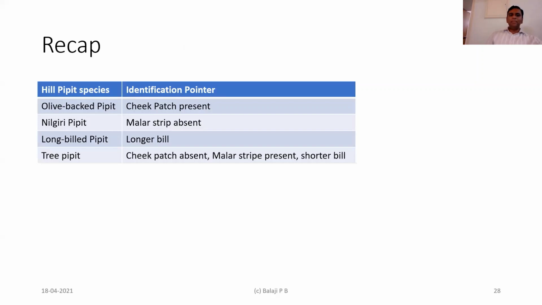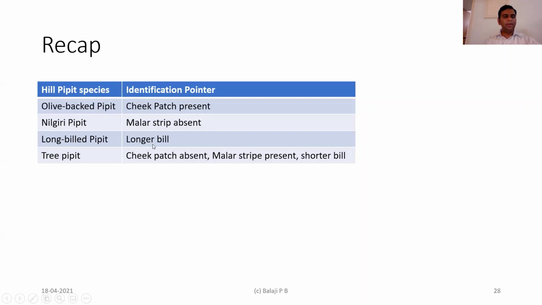Now, as a quick recap, let's say you are in the hills, looking at a pipit at 1,500 to 2,000 meters elevation. It has to be one of these four pipits: hollow-backed, Nilgiri, long-billed, or tree pipit. Hollow-backed will have a black cheek patch. In the Nilgiri pipit, the malar stripe will not be absent.